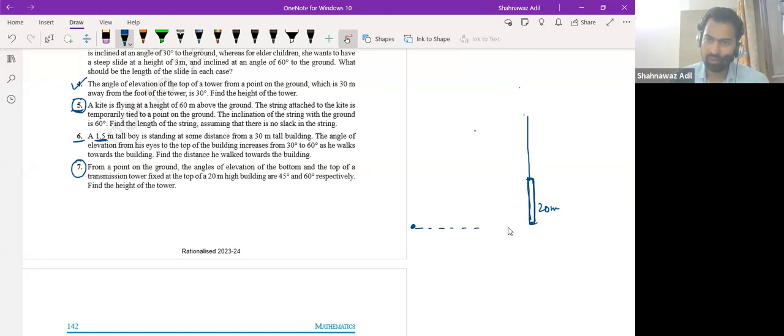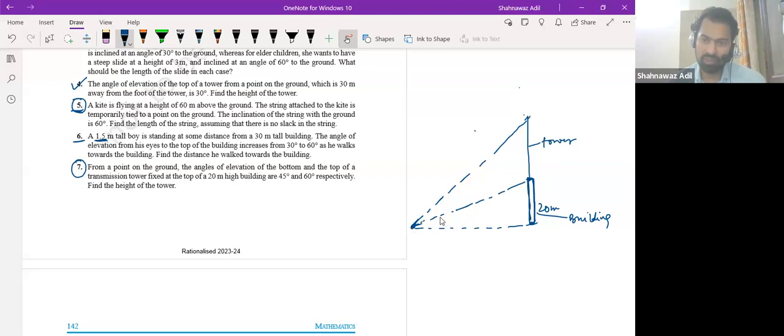So what do we have to find out? The angle of elevation of the bottom is this, and this is the top of the tower. So this is the tower, this is the building, and this is the point on the ground.